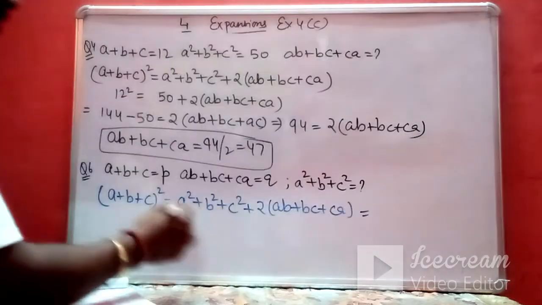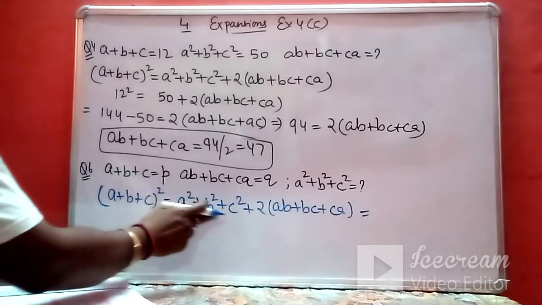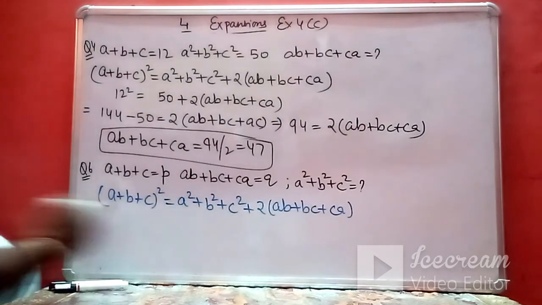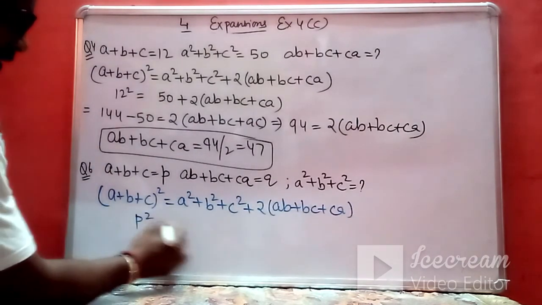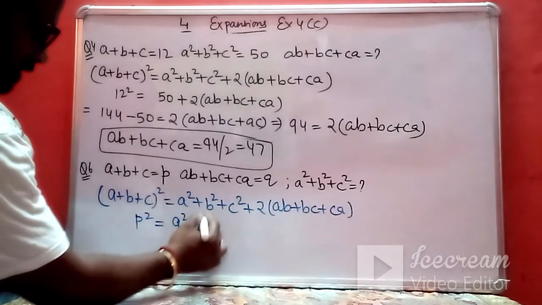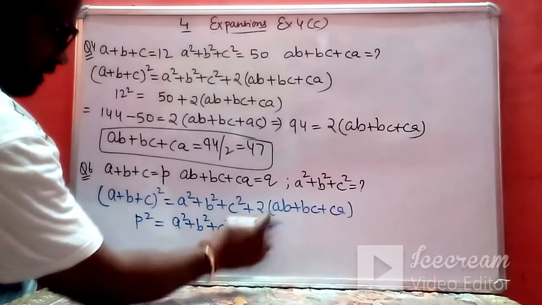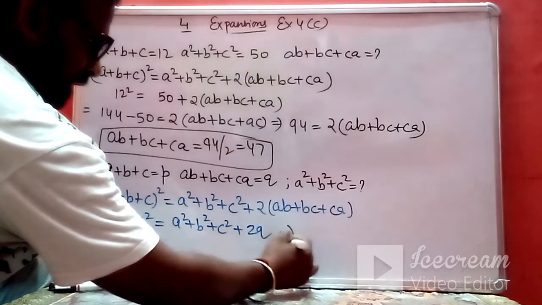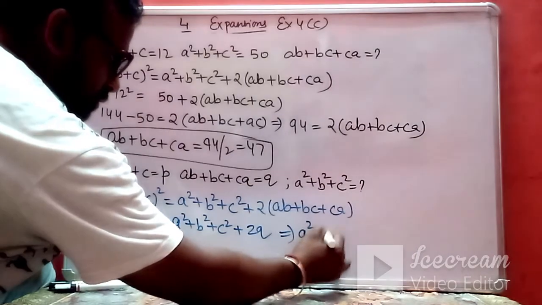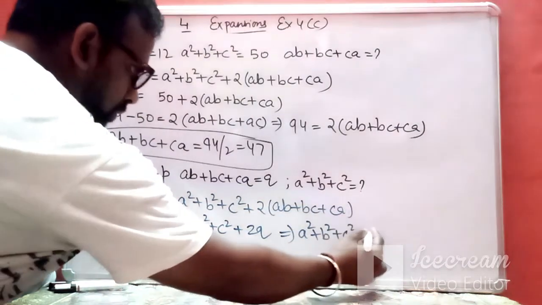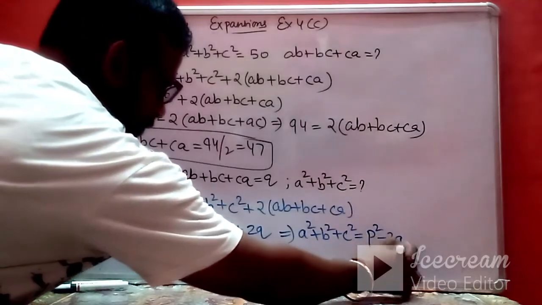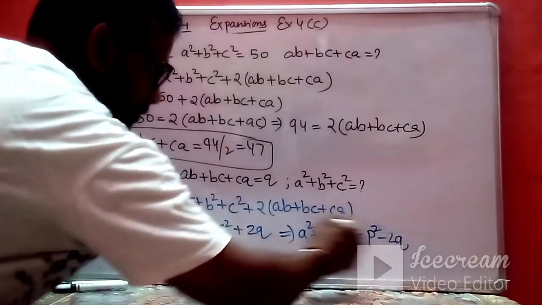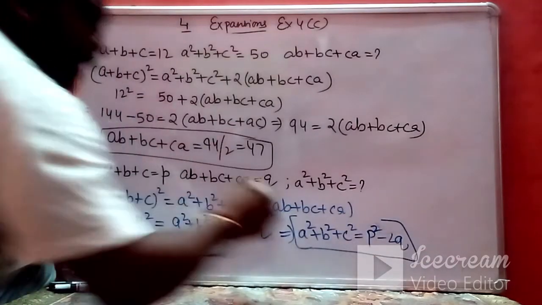That is what we have to find. So let's put the value. It is p square, then this is a square plus b square plus c square, plus this whole is given as q, so it is 2q. So from here we will get a square plus b square plus c square equal to p square minus 2q. Okay, so this is our final answer.